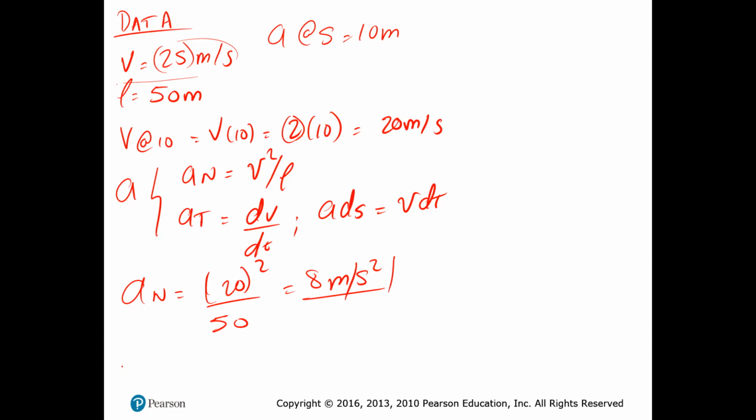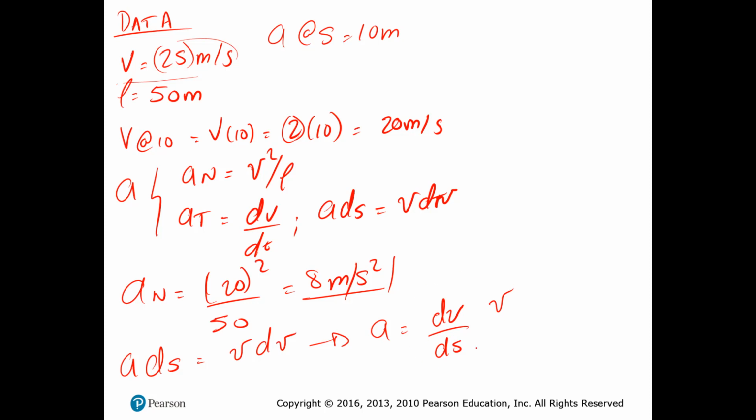Perfect. Now for the tangential, I'm going to use a ds equals v dv. It was dv, sorry, not dt. So I will solve this in terms of acceleration. I will get that the acceleration is equal to dv over ds, and then this multiplies v.